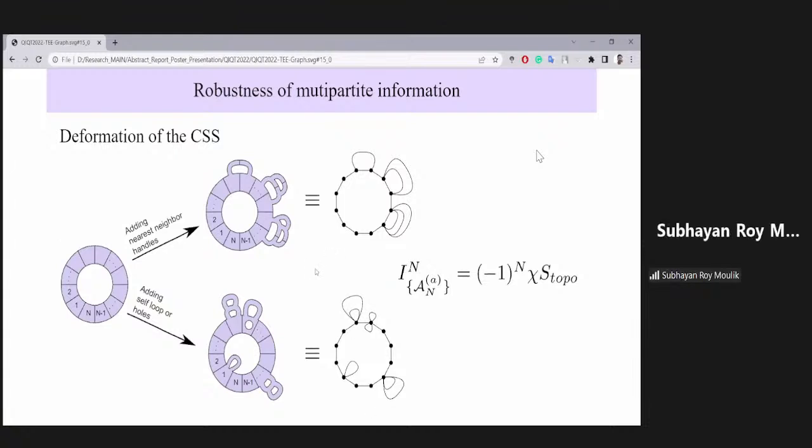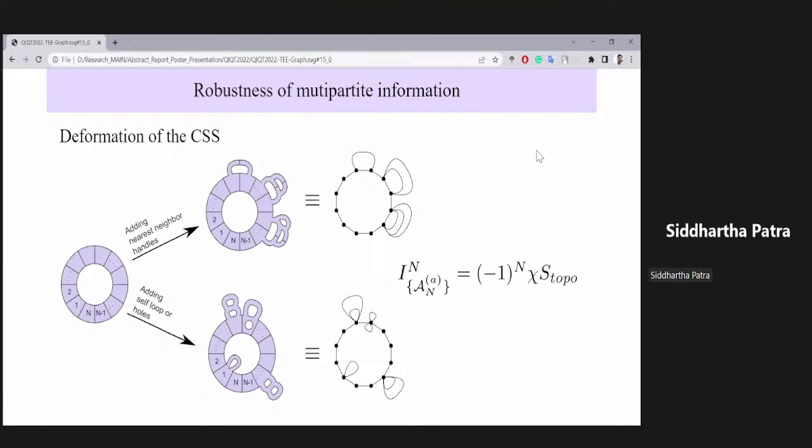So are you saying that under some physical transformations, your state won't change? Like are you finding invariants of sorts? Yes. So you can map this addition of nearest neighbor handles and addition of self loops to some physical models. Then what kind of model changes does these things?